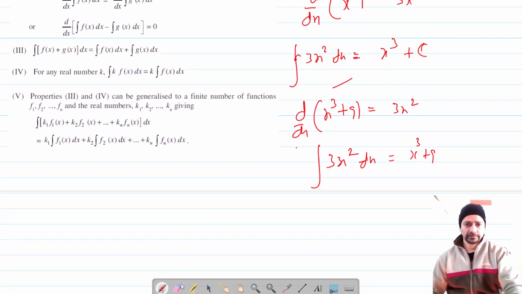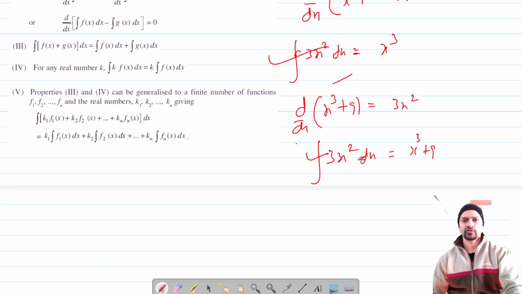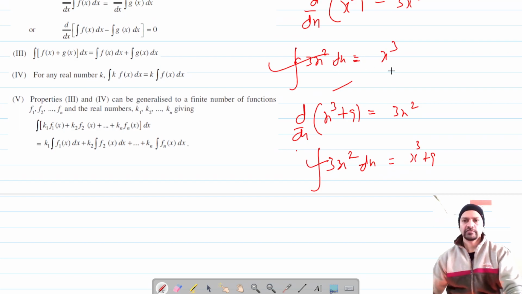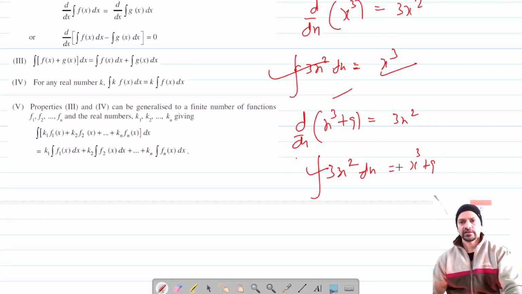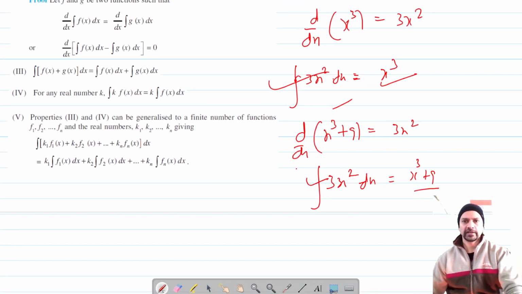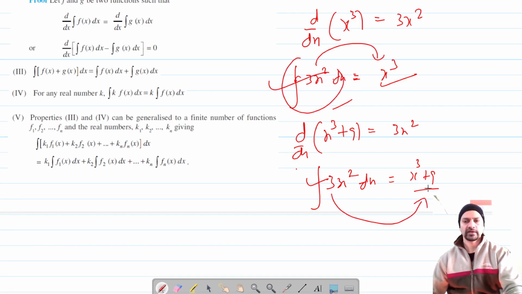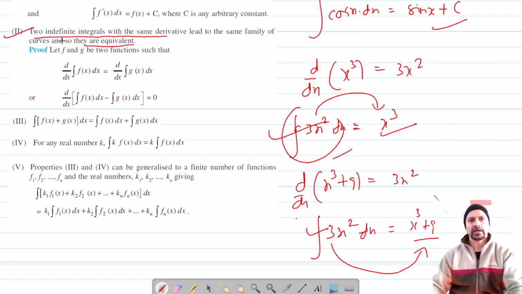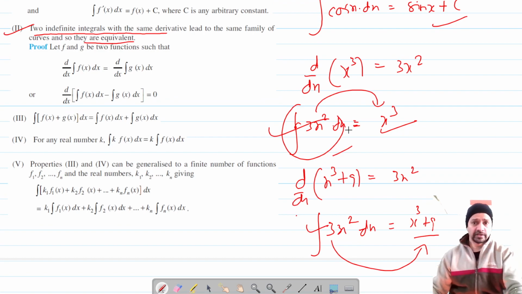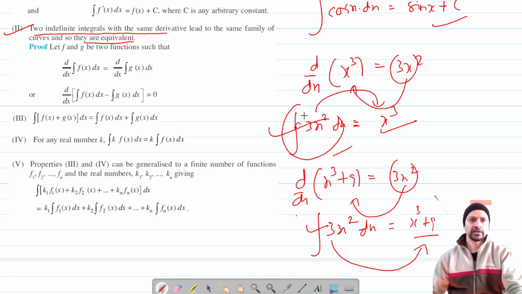So integration of 3x square is x cube, and integration of 3x square is x cube plus 9. These both are equivalent, and so we will consider them as equivalent integrals with the same derivatives.